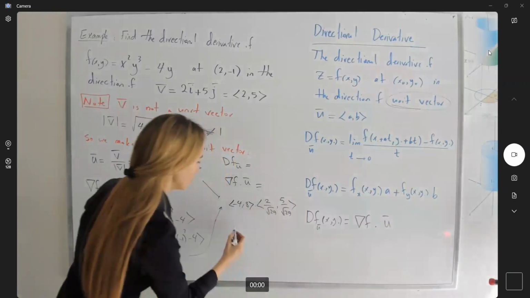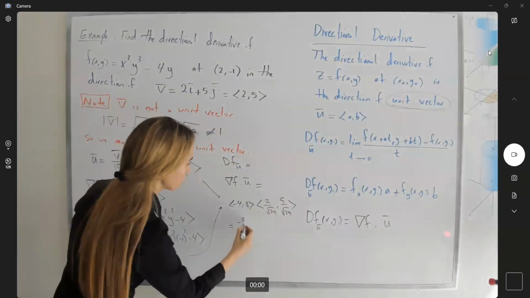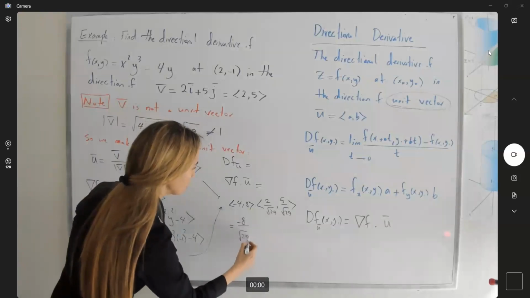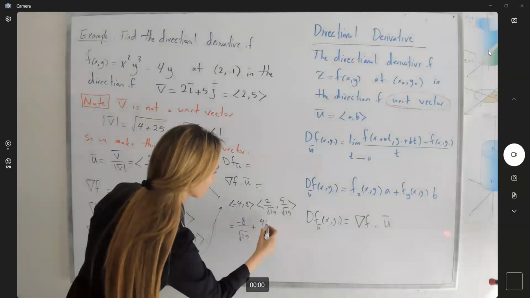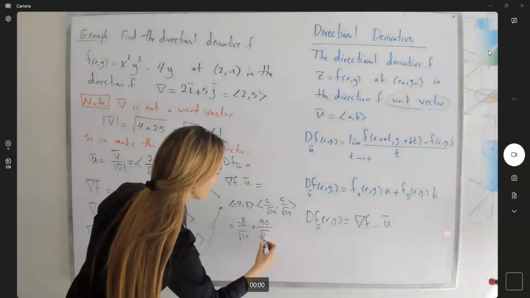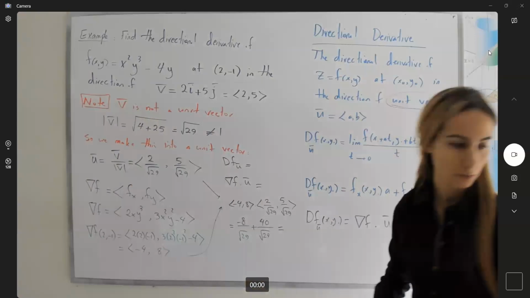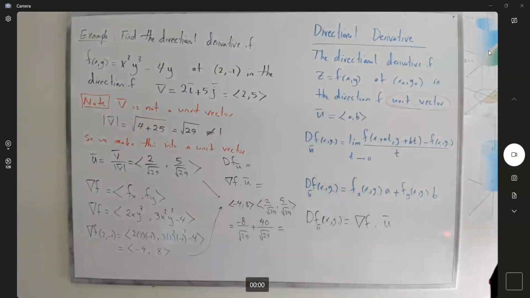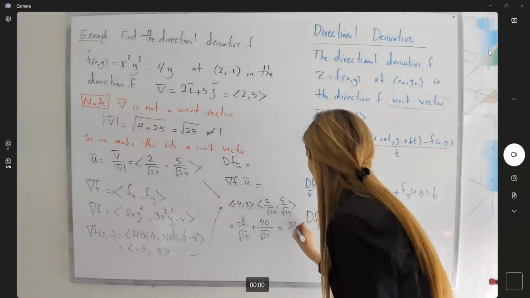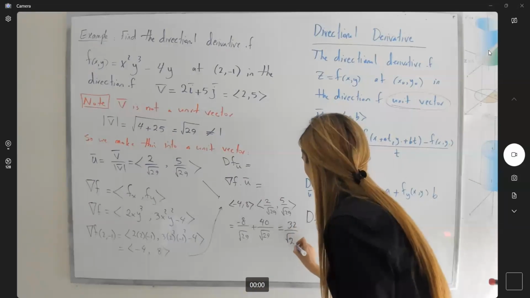So here we have negative 8 over the square root of 29 plus 40 divided by the square root of 29, and we get 32 over the square root of 29.